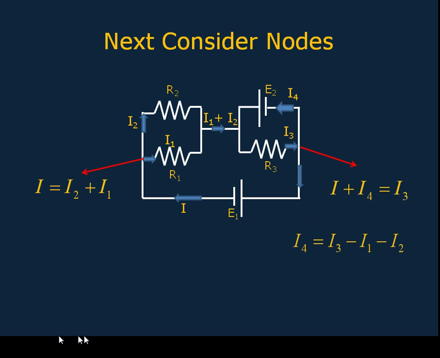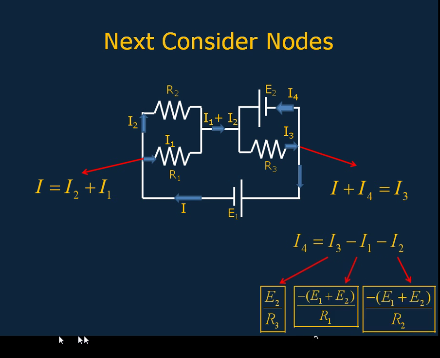In the previous slides we derived the expressions for the currents I1, I2, and I3. So let's reproduce that. So there's I3, I1, and I2, and now we know what I4 is. So we've determined, therefore, all the four currents that we wanted to.